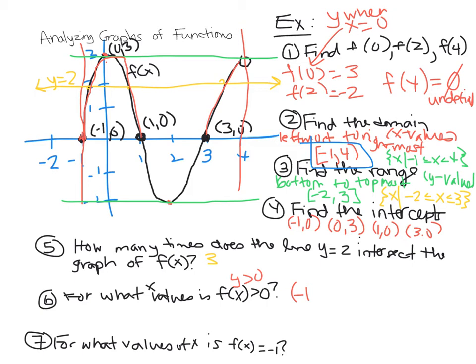I'm looking for when f of x is greater than 0. So the first interval is from -1 to 1. The next thing I'm going to do is it's going to go from 3 to 4. By the way, that little u there represents the union. You can just think of it basically as an or. So it's going to be from -1 to 1 or 3 to 4.